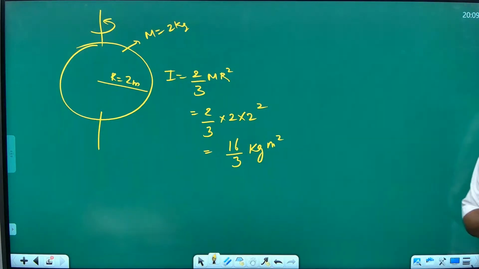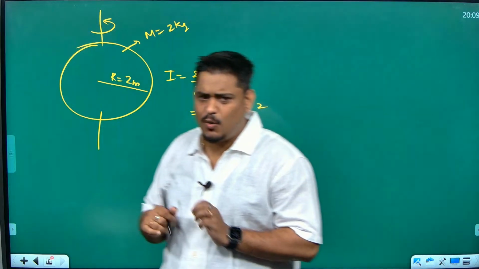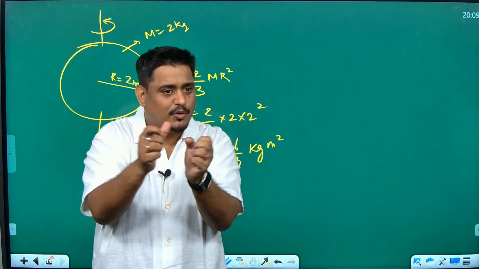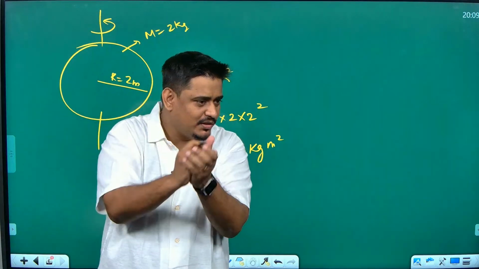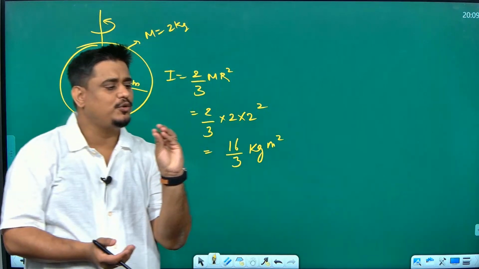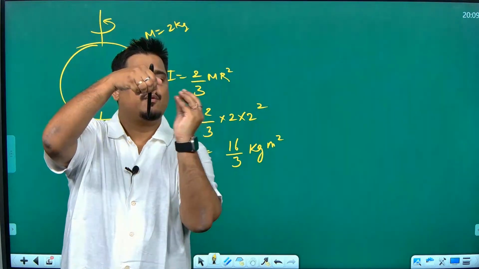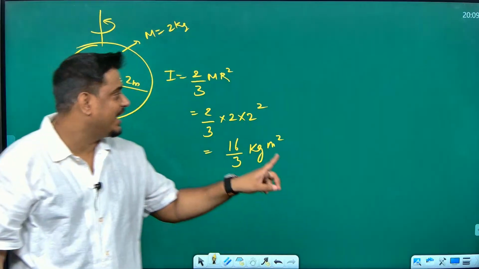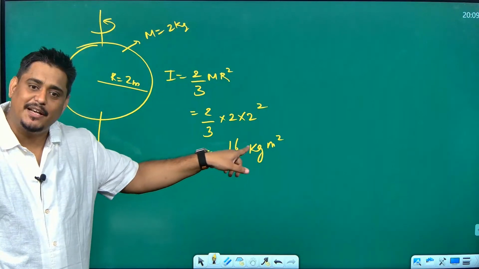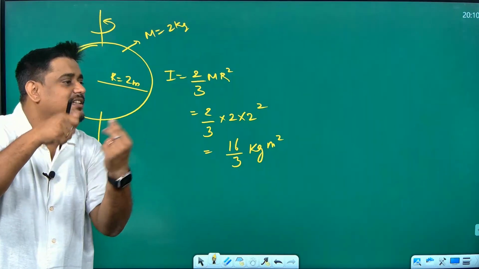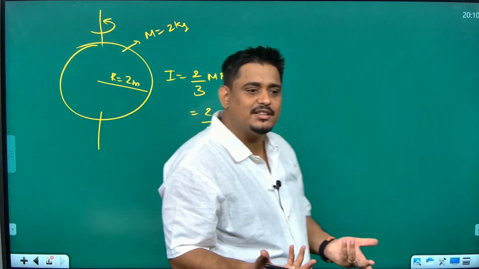Do you understand this? Now I want to find its radius of gyration. What will I do? This hollow sphere, like a football, I am going to remove all the air, crush it into a small ball, mass will remain the same, and now I am going to rotate and check where I should rotate so that my moment of inertia remains 16 by 3 kilogram meter square only, and whatever distance you get, that distance is called the radius of gyration.